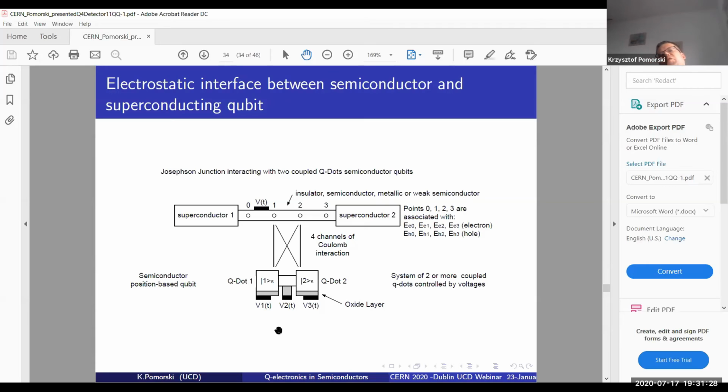So that's a possible attempt. You need to monitor the change of the Josephson junction state and the change of the moving charge state, and then you can have some hint on what was going on in the system.